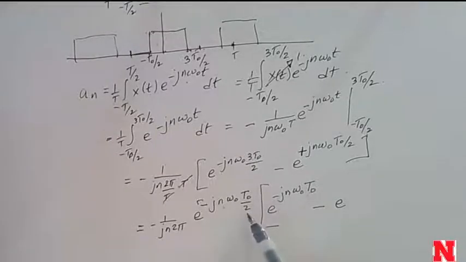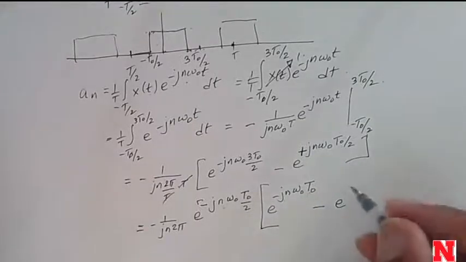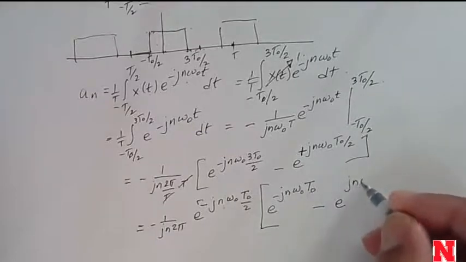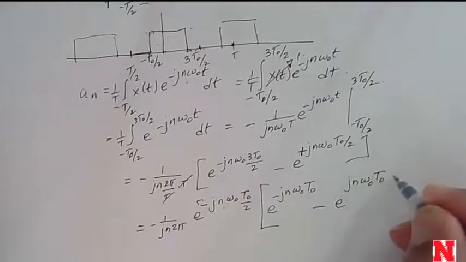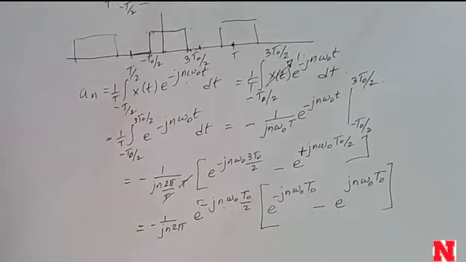So in order to make the sum of this plus whatever I put in here equal plus t naught over 2, this has to be t naught, because minus t naught over 2 plus t naught gives me plus t naught over 2. So this is e to the jn omega naught t naught. This is a very, very handy trick. It comes in handy in all kinds of different places.